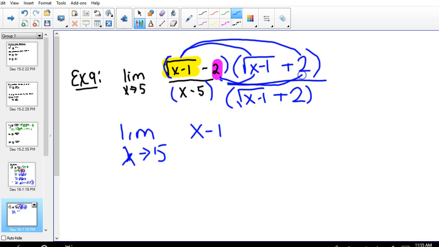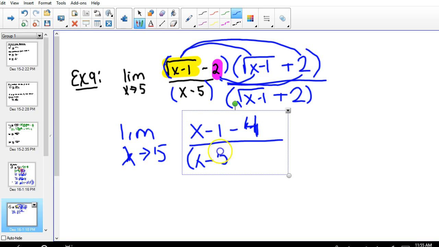But those two parts cancel out. And then you've got negative 2 times positive 2, so you've got a minus 4, and that's over x minus 5 times square root of x minus 1 plus 2.